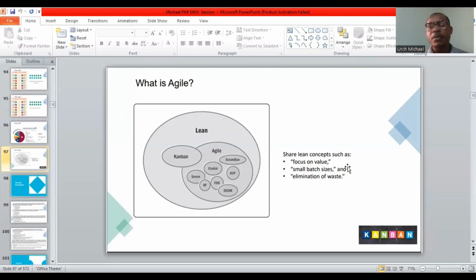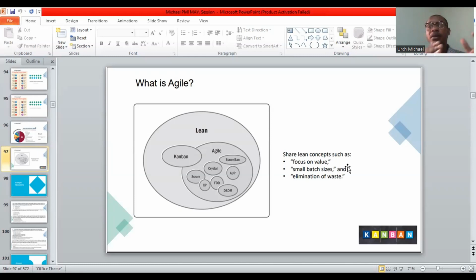Lean is a methodology that focuses on value. Lean also talks about small batch sizes.